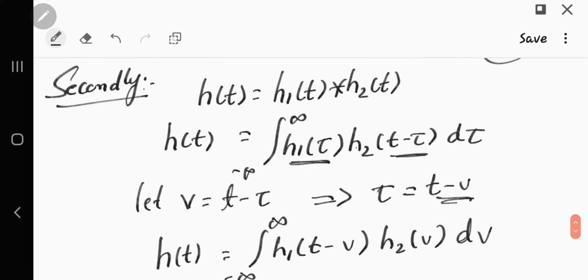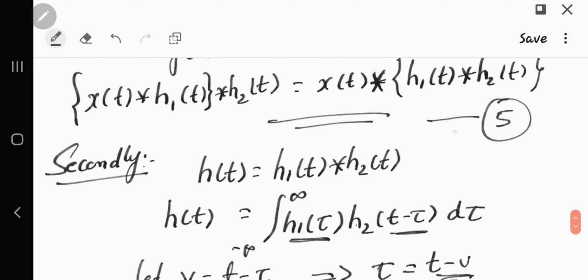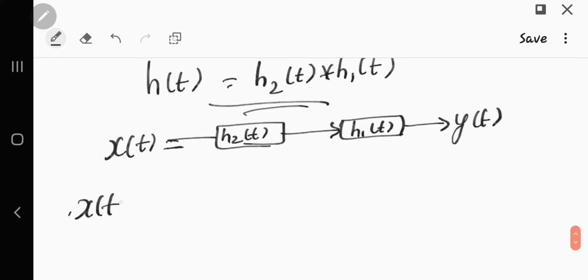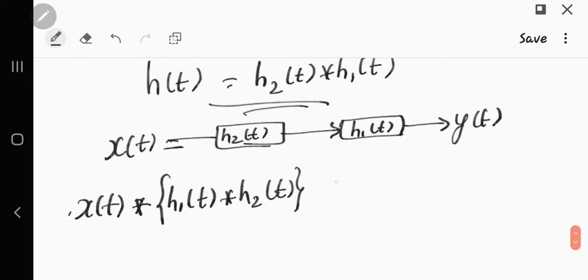Now, this is what we took here, h1 of t convolved with h2 of t. So based on this, we can write that the order can be any one. It is not necessary that the order should be h1 of t here and h2 of t here.